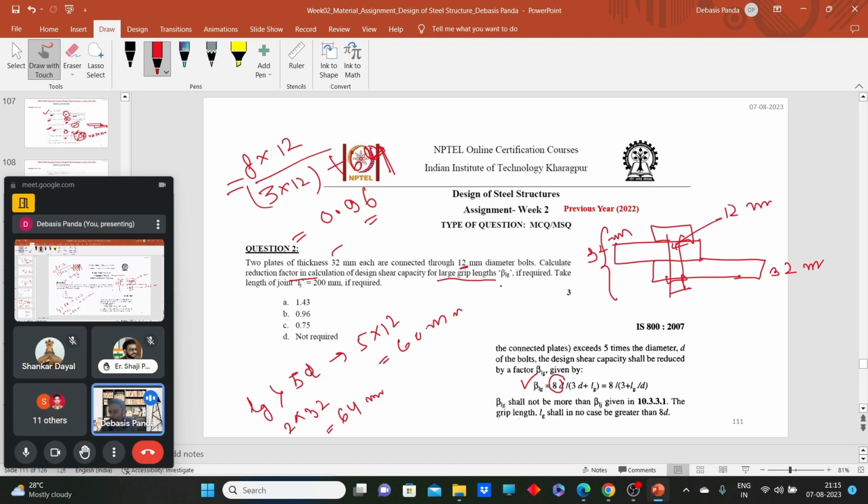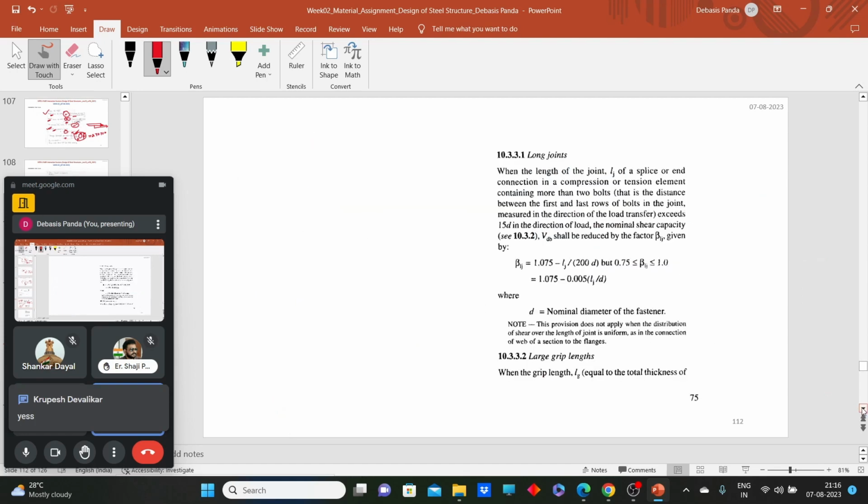Is the value coming as 0.96? Yes, we have the answer 0.96 over here. Yes or no? One has answered yes, 0.96 is coming. Someone else, just make this calculation: 8 into 12 divided by 3. Yes. Okay, now move to the next question.